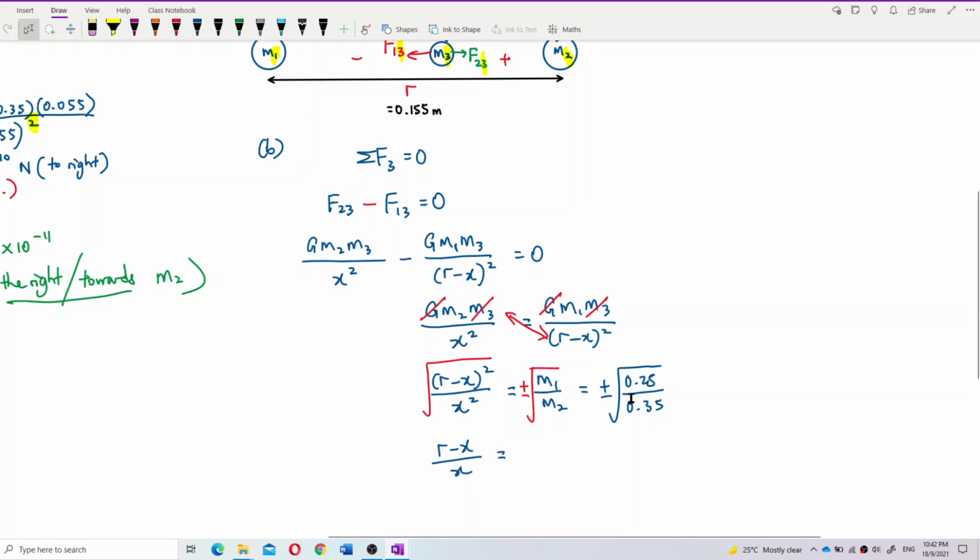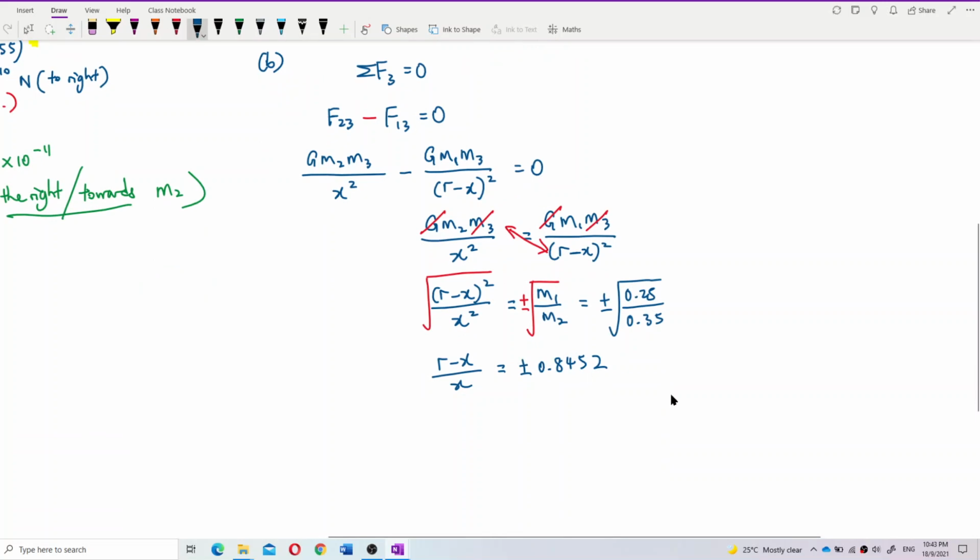Let's calculate. After I square root, I got positive negative 0.8452.